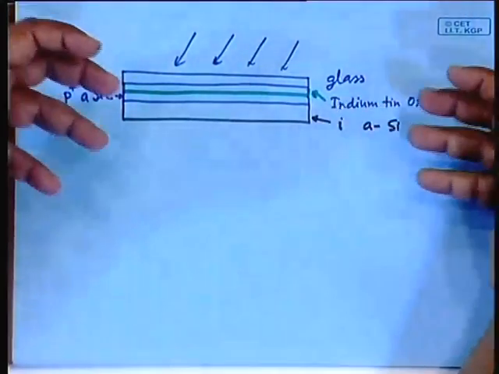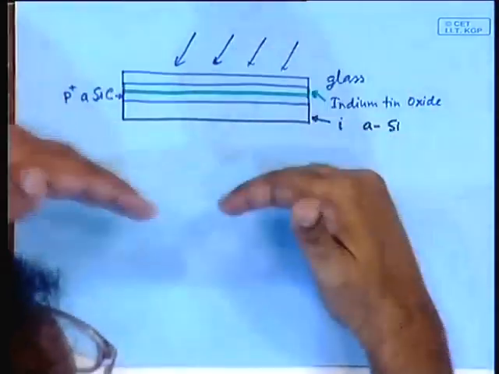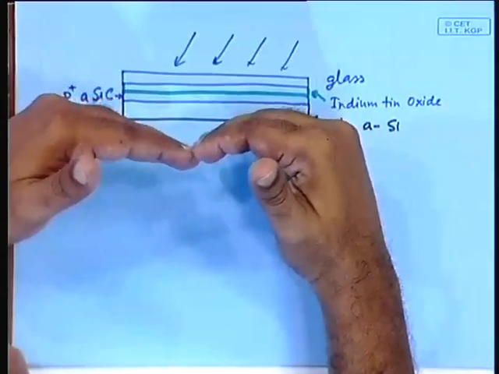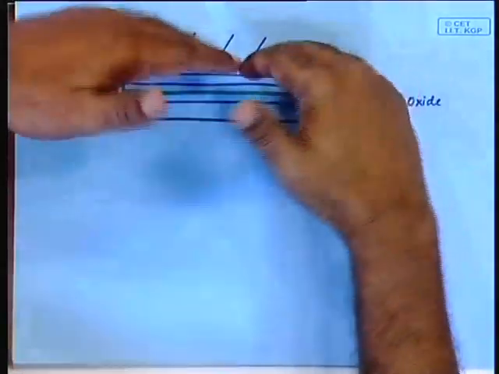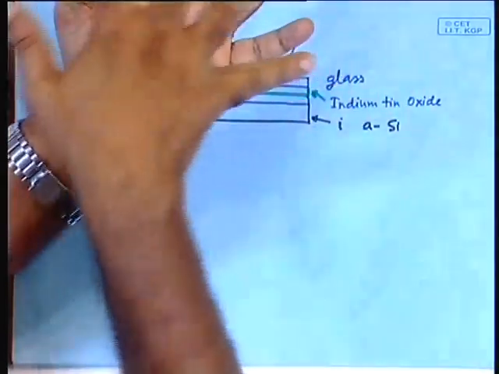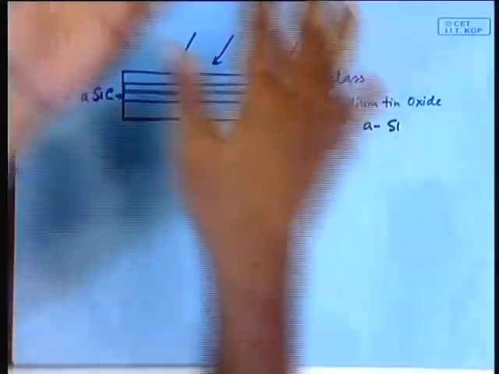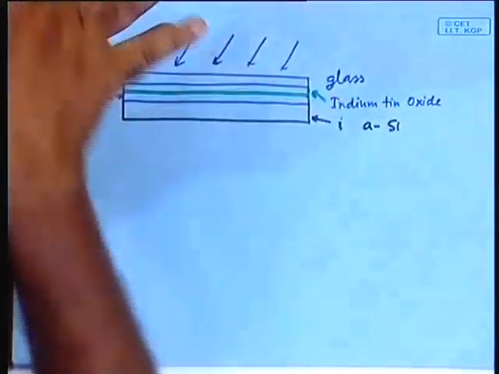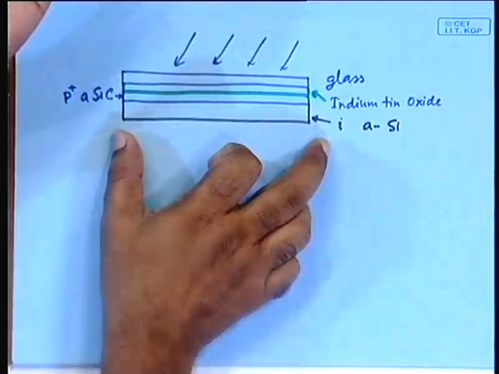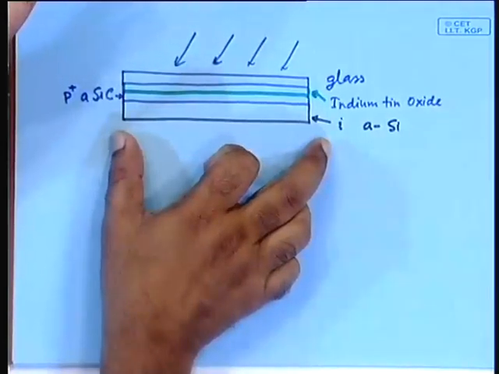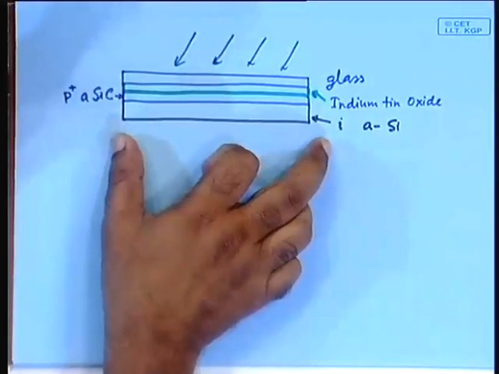How is it done? It is actually, all these layers are deposited one after the other. That means, when it is manufactured, the glass is laid like this and things are deposited. First, you have got the indium tin oxide layer deposited and stuff like that. Now, when this layer is deposited, it is actually deposited out of silane gas. Silane is SiH4.